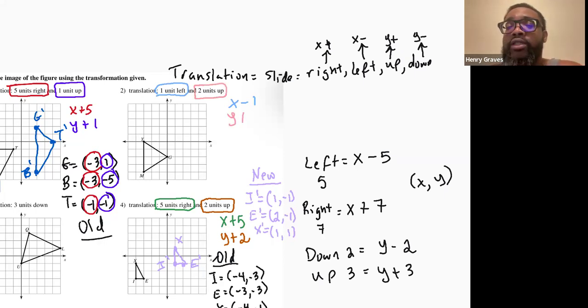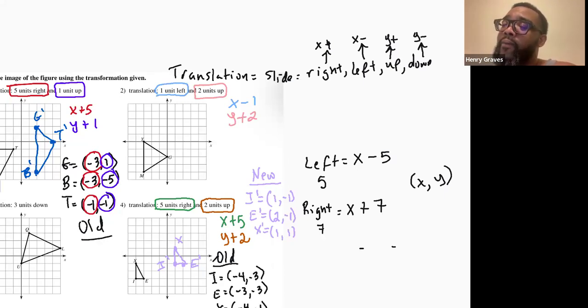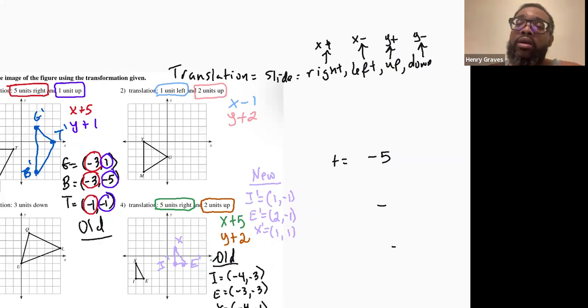I'm going to have to erase all of this right here because it's getting very messy. There we go. So here are my old ordered pairs for number 2.